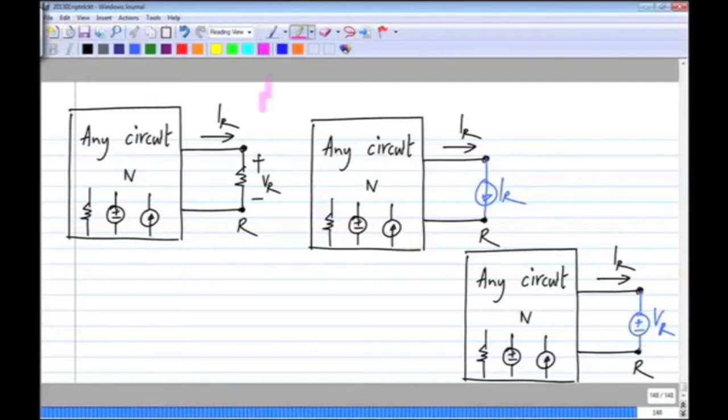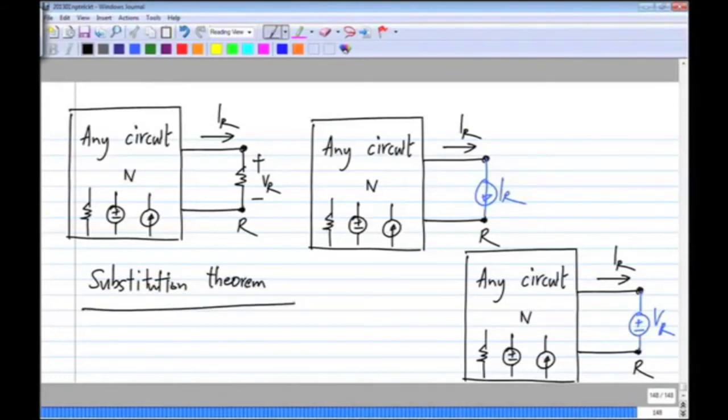That is, the branch voltages and currents here, here and here will be exactly the same. Okay, and this is known as substitution theorem.